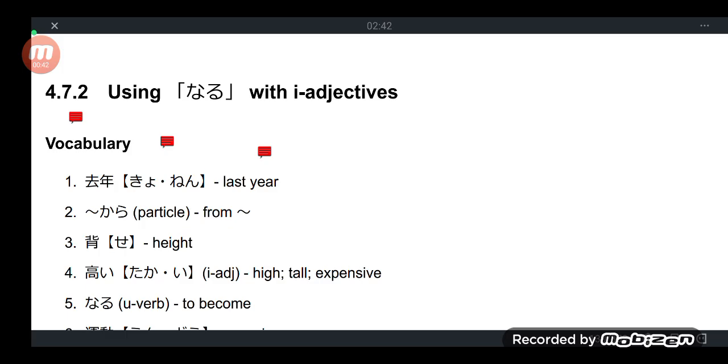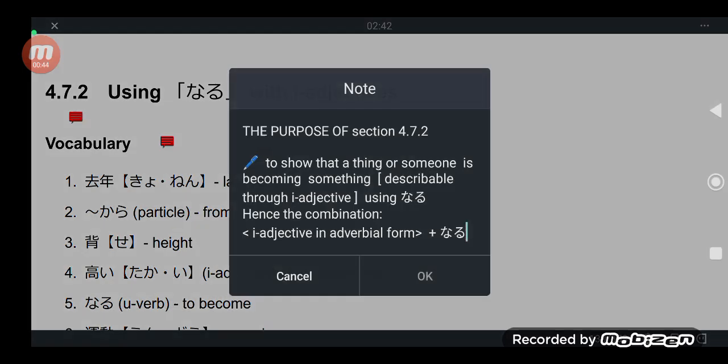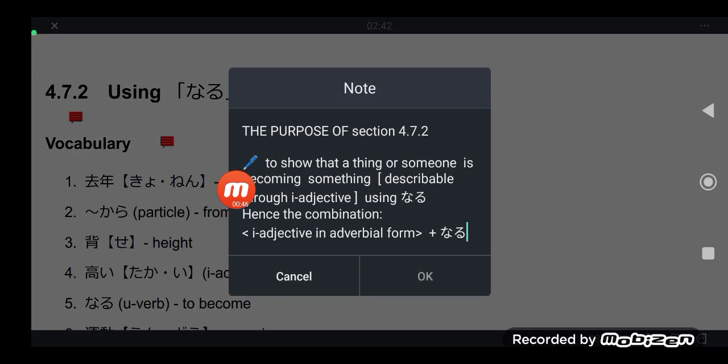So let's see the purpose, minasan. The purpose, or rather the time that we could appreciate learning this kind of lesson is here, minasan.